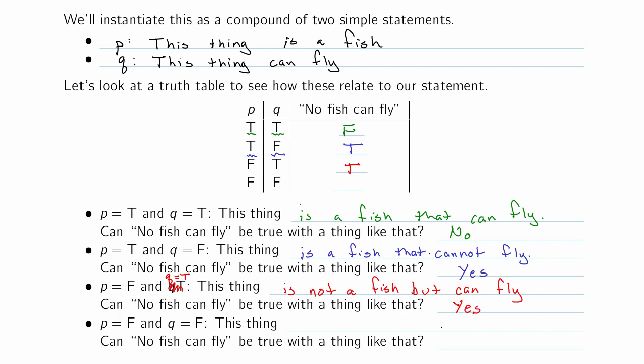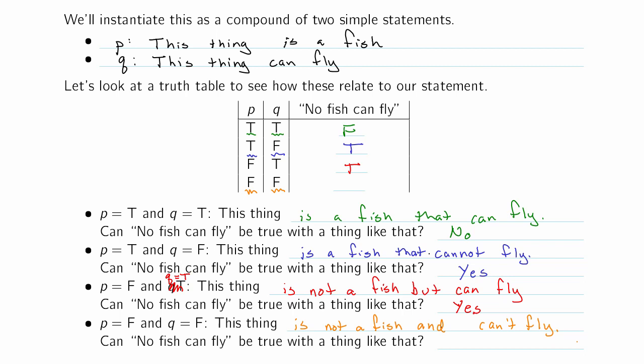And then if P is false and Q is also false, well, P is false, so this is not a fish. Q is false, so this can't fly. This is not a fish and can't fly. That doesn't present a problem for no fish can fly, right?